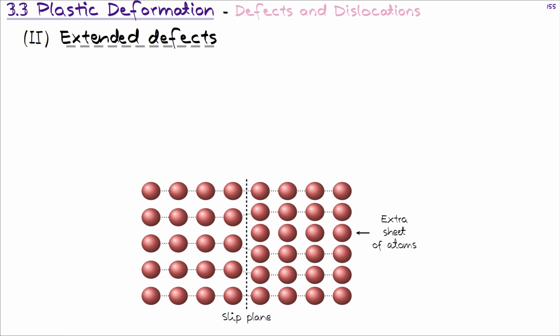Then we have these extended defects, and here a grain boundary is a good defect to remember as a term. In 2-dimensional material and also in 3-dimensional material, we have parts that are ideal, crystalline and monocrystalline, but the actual macroscopic solid is a polycrystalline piece of a solid.